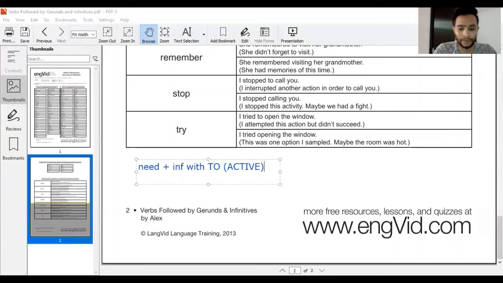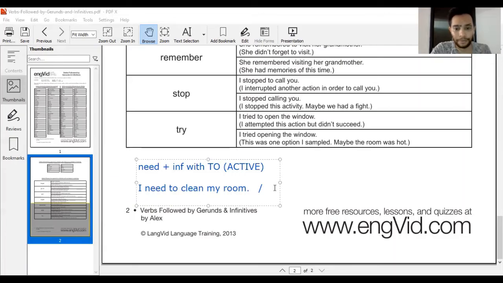For example, I need to clean my room. Take a look, this is an active sentence. How do I know? Because I have a person that is performing the action.